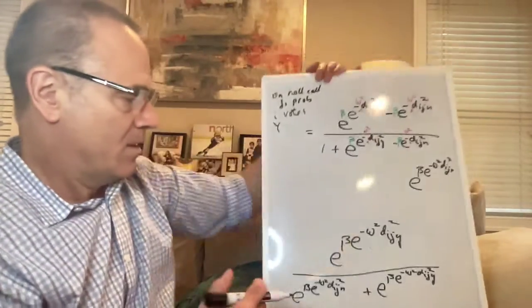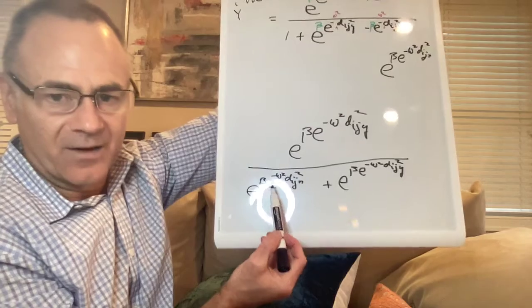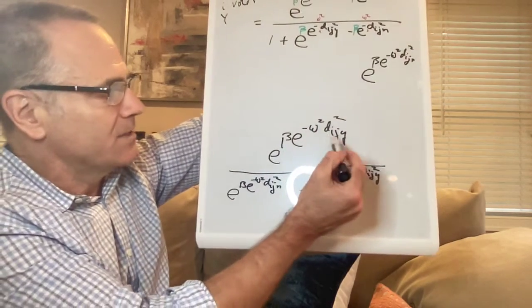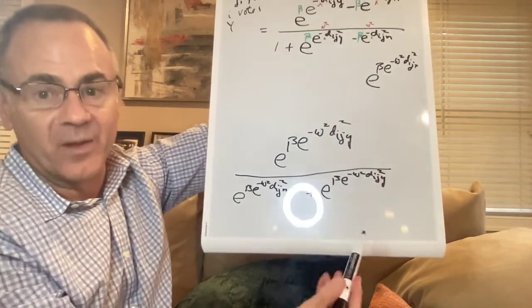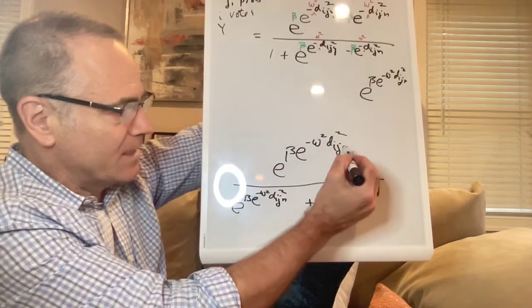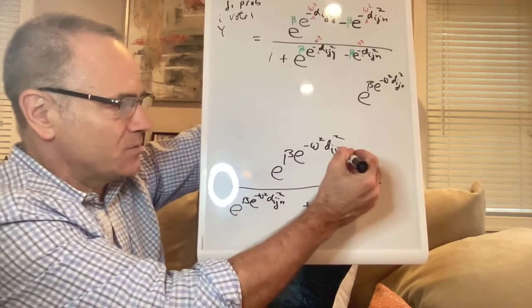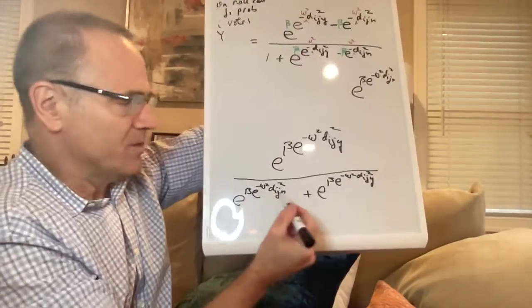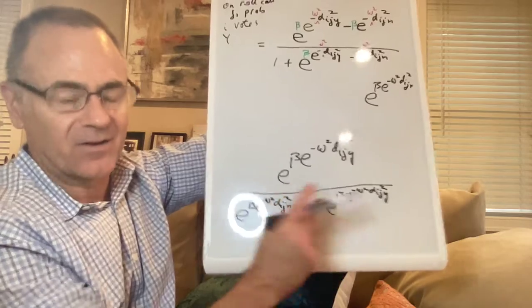Okay. Now, let me go back to this term. Let me first just write the denominator. So this is the probability that the legislator votes yay. The probability that he's going to vote nay is 1 minus this, and it turns out it's exactly the same, except you just replace the y here with an n. So either term is going to have the same denominator. So here's what I'm going to do.